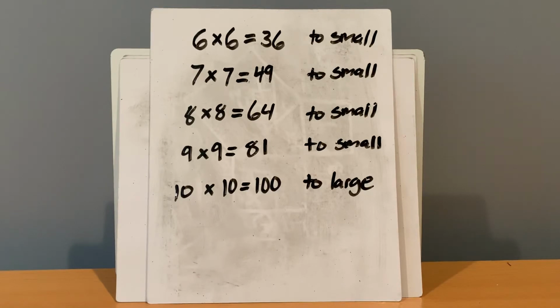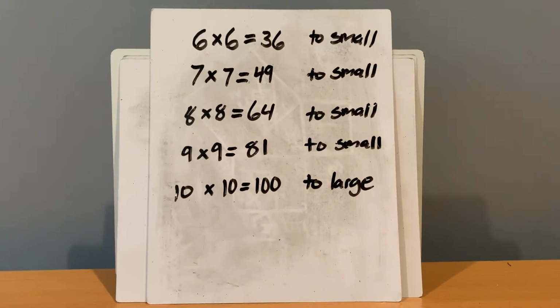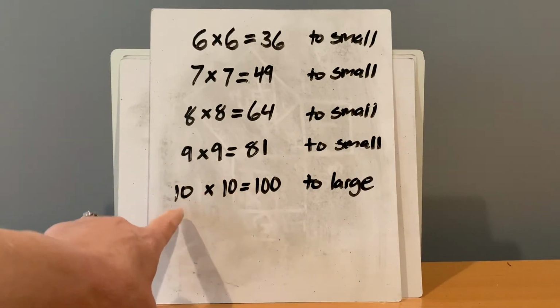Since 90 is between 81 and 100, then the square root of 90 is a number between 9 and 10.